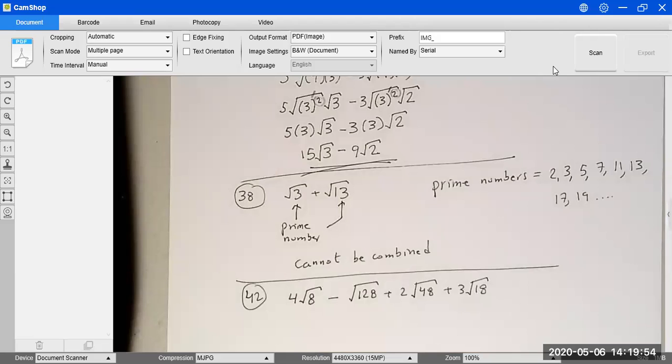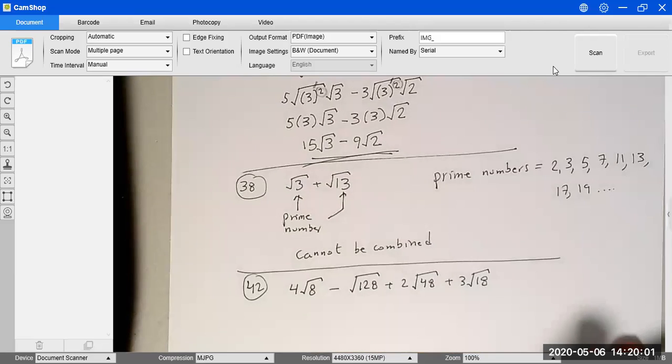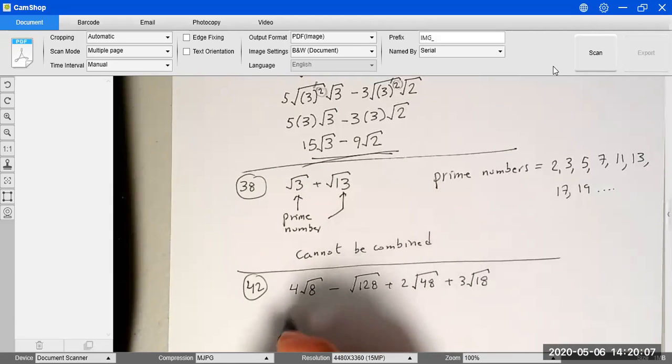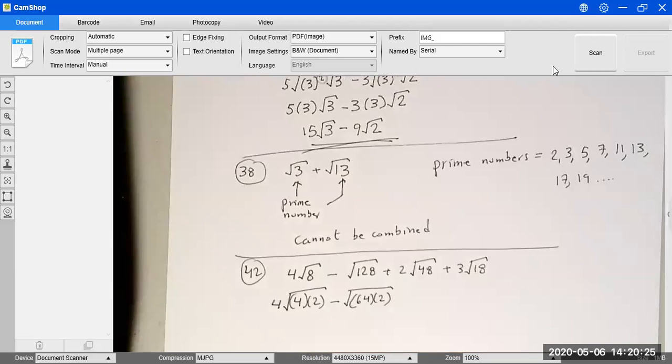So what we're going to do is break the radicals. We're going to factor the radicals and see whether we can get a perfect square out of those factorings. So first, 8 can be written as 4 times 2, and 4 is a perfect square. 128 is going to be 64 times 2, and 64 is a perfect square.